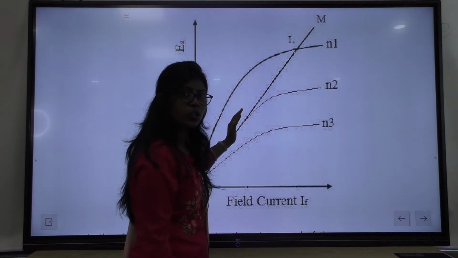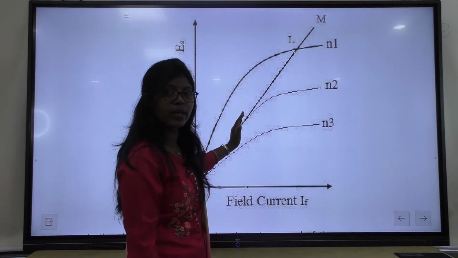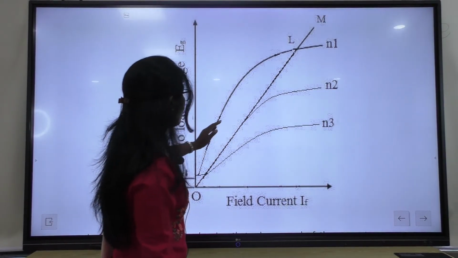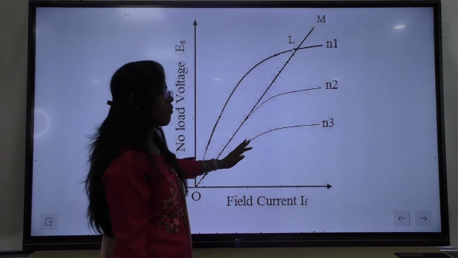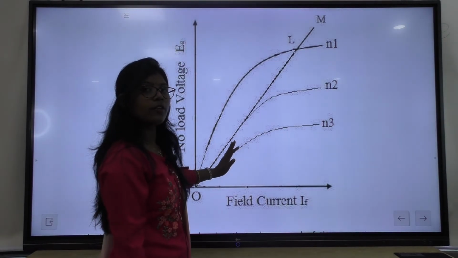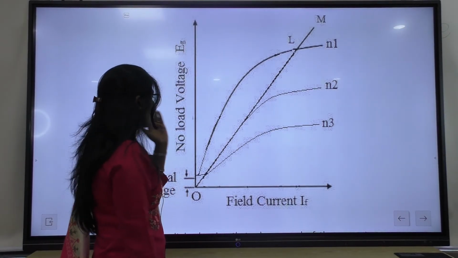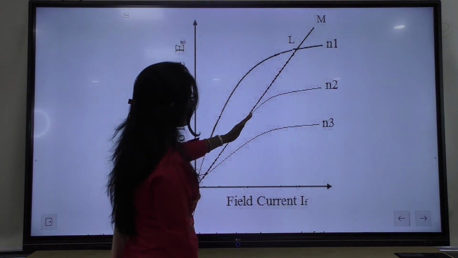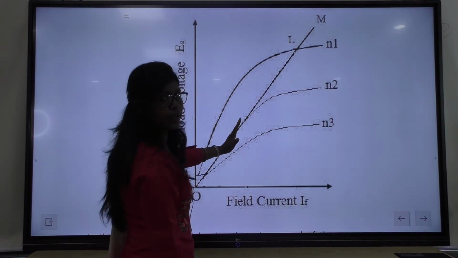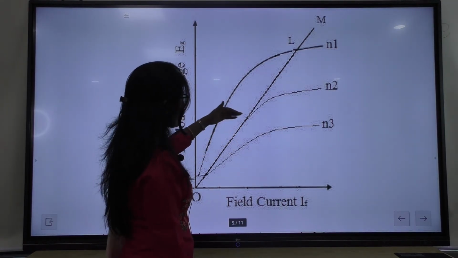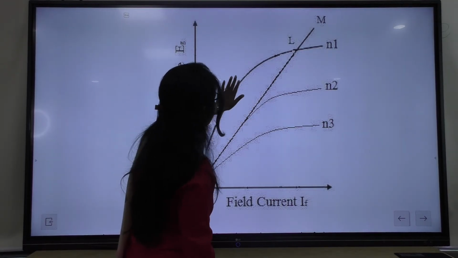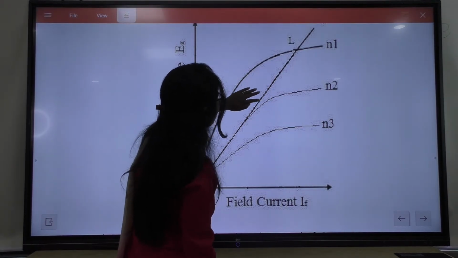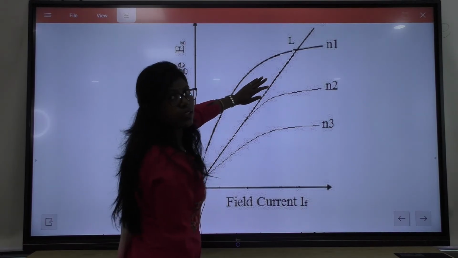Critical speed is the minimum speed for which a generator can build up its voltage. Okay, below the critical speed the generator will not be able to generate the voltage. Above it, look, N3 is higher than N2, so we can generate the voltage. Okay.